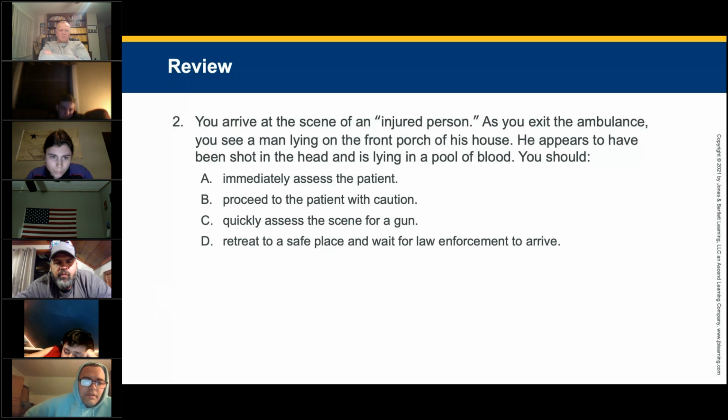For example, with this question, proceed to the patient with caution, quickly assess the scene for a gun, immediately assess the patient. Those answers aren't necessarily wrong, but waiting for the scene to be safe is always your first step. So that is the most correct answer.